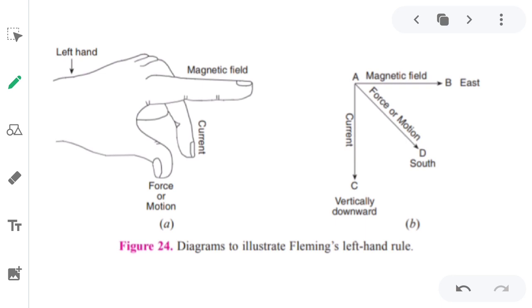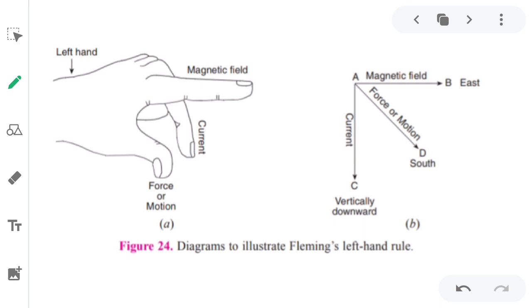Now adjust your hand in such a way that the forefinger is in the direction of the magnetic field and the center finger is in the direction of current, then the direction in which the thumb points gives the direction of force acting on the conductor.